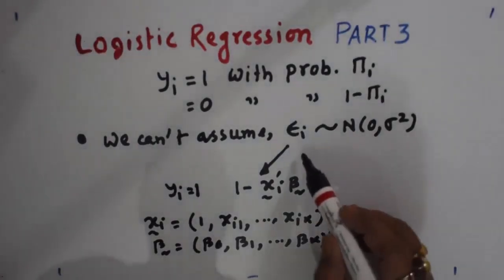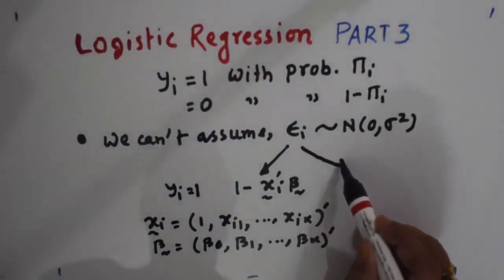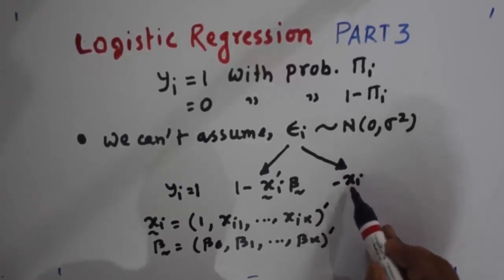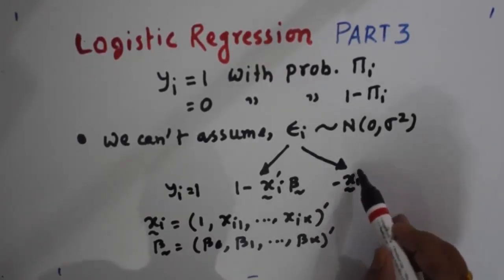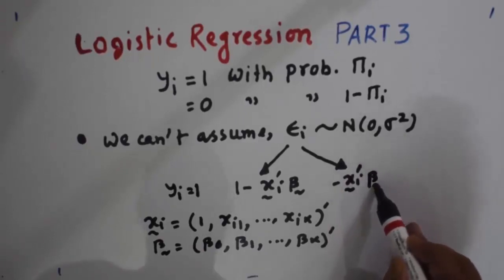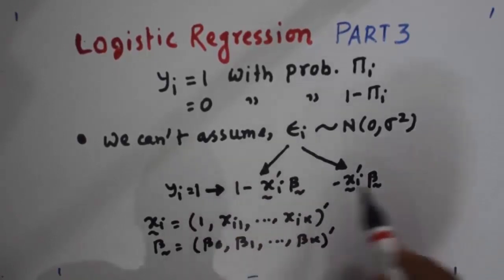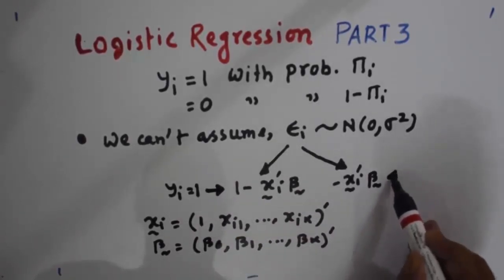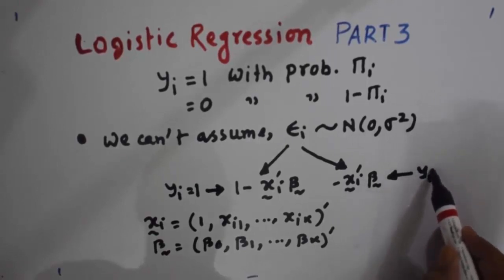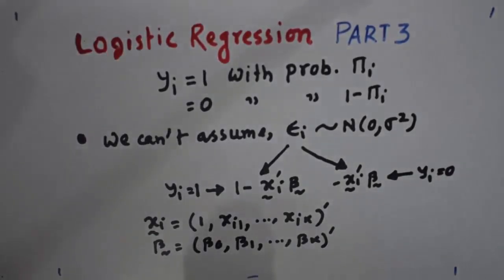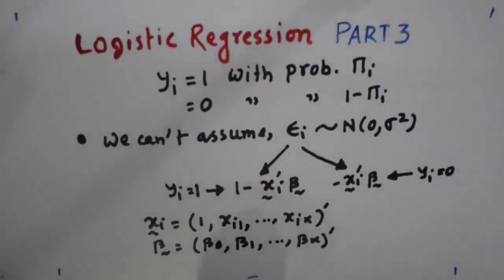And when yi equals 0, epsilon takes minus xi curl prime beta curl. So we cannot assume epsilon follows normal 0 sigma square.